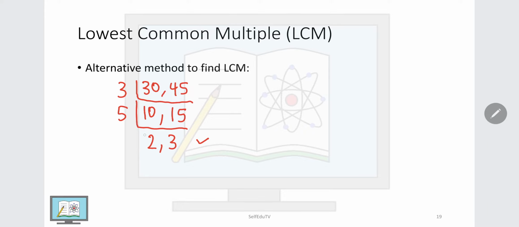So I can just divide by 2. 2 divided by 2, I'll get 1. 3 is not divisible by 2, so it just remains as 3 here. And then I'll divide by 3.